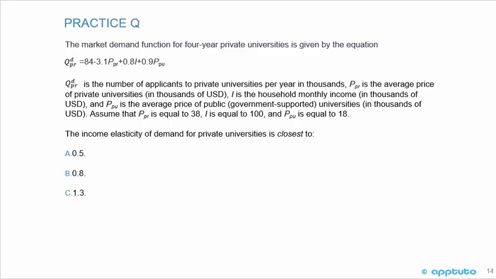Quantity demanded is the number of applicants to private universities per year in thousands. PPR is the average price of private universities in thousands of US dollars. I is the household monthly income in thousands of USD. PPU is the average price of public government-supported universities in thousands of USD. Assume that PPR is equal to 38, I is equal to 100, and PPU is equal to 18. The income elasticity of demand is closest to what?